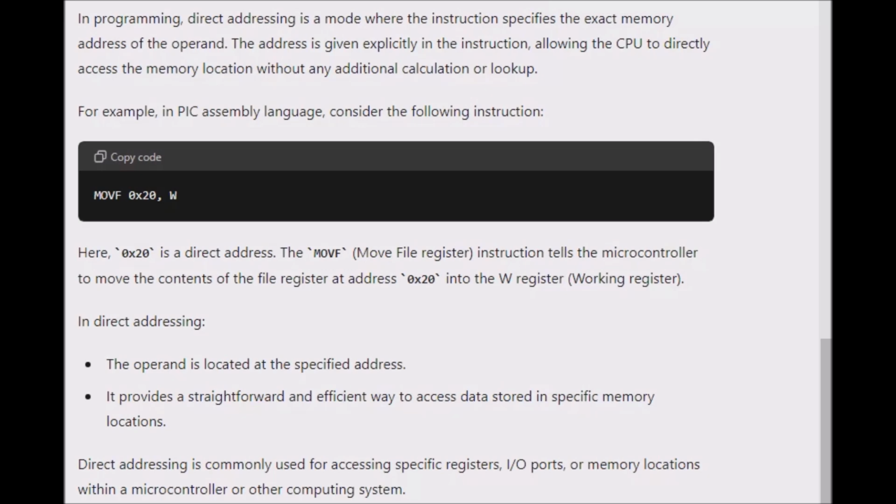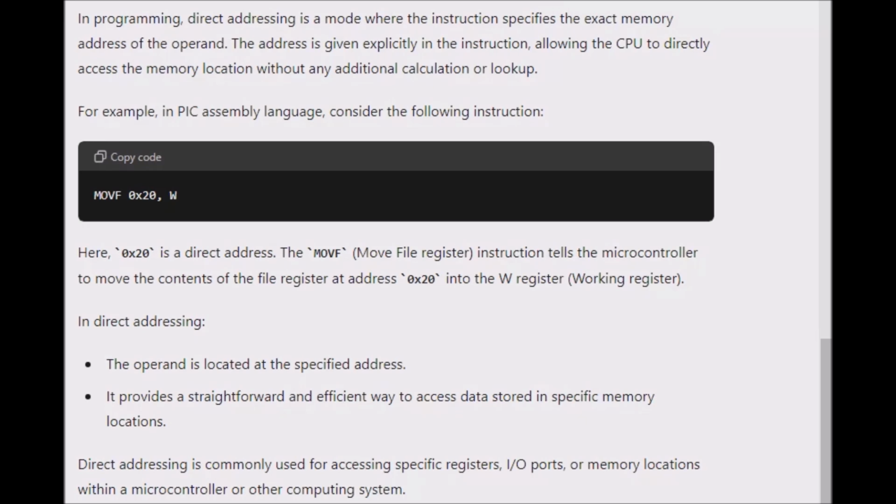The address is given explicitly in the instruction, allowing the CPU to directly access the memory location without any additional calculation or lookup.